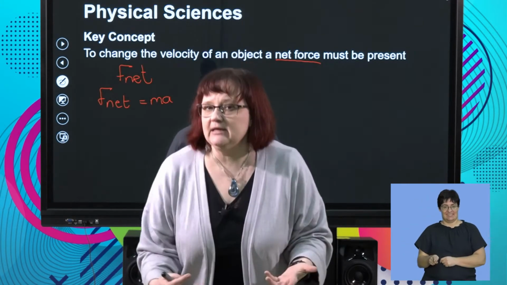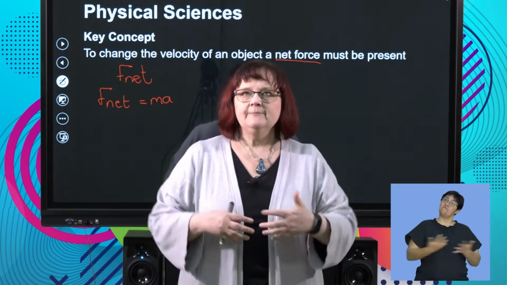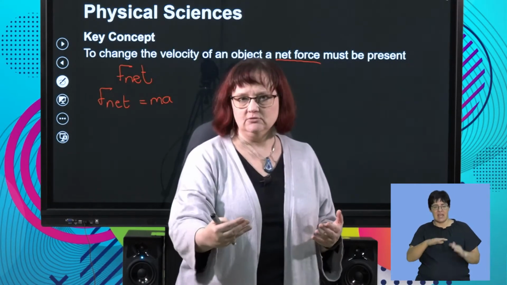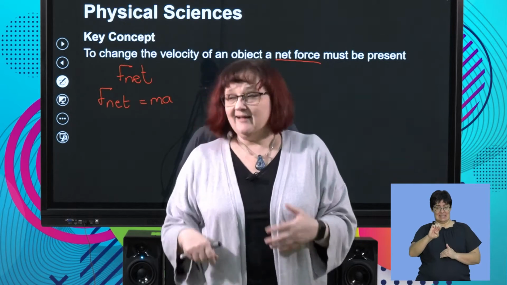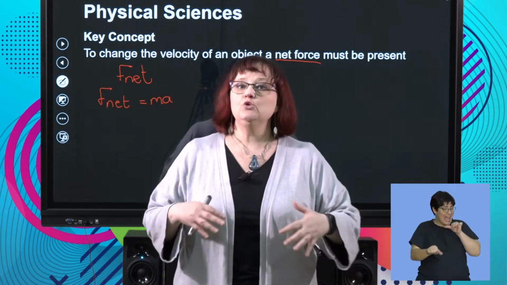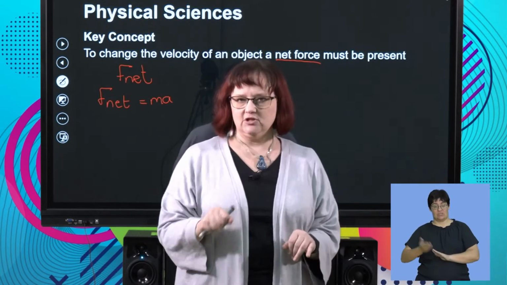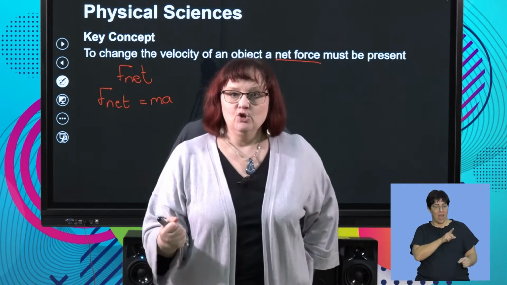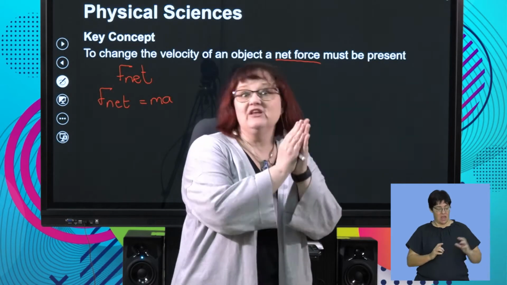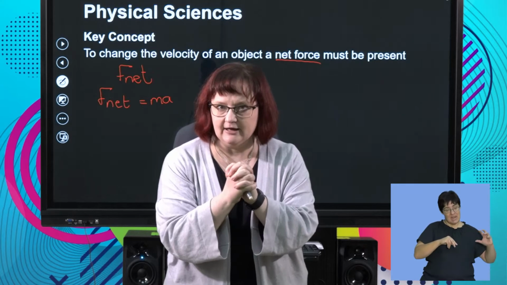It doesn't mean that it's going to get faster, and I'm making a big deal out of this because in everyday language, we use the word deceleration to mean slowing down, and that's fine in everyday language. But in science, we use the term negative acceleration if it's slowing down, because it's about direction. Because if it's slowing down, it means the force is moving against the motion, and that's usually given as a negative.